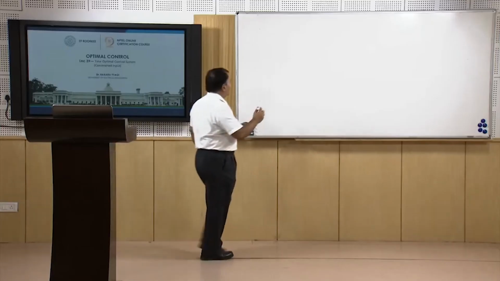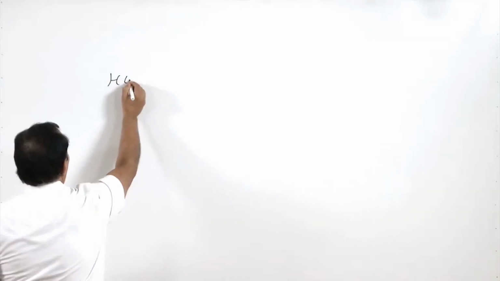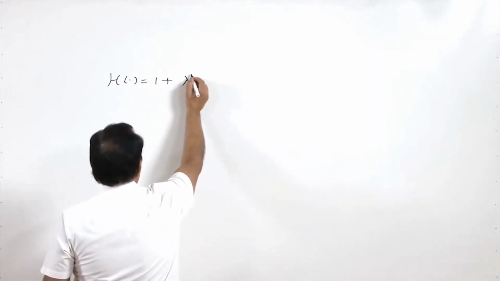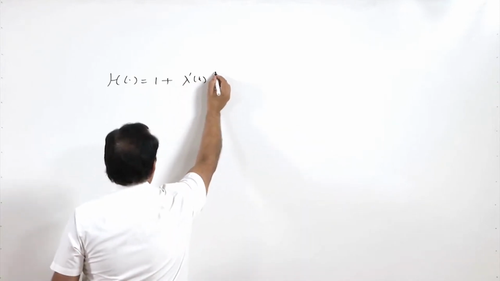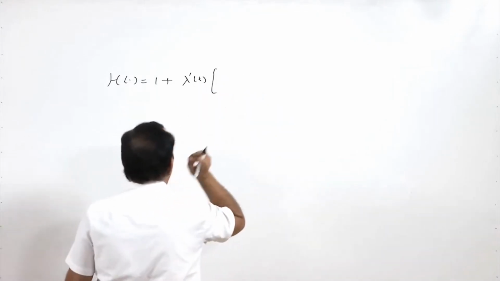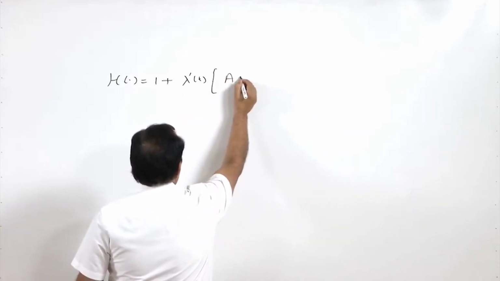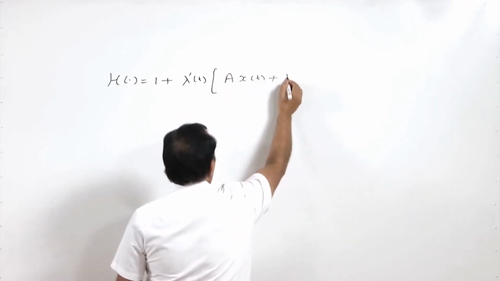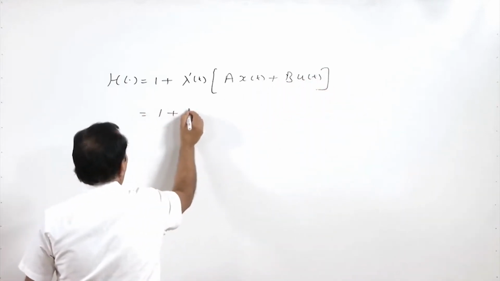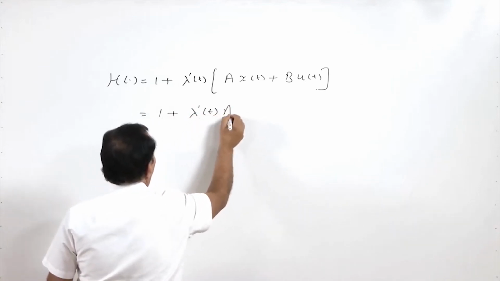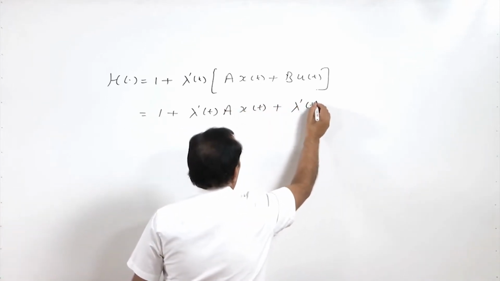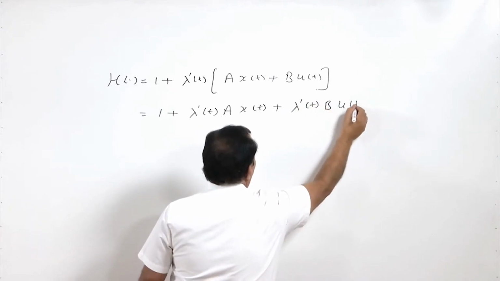So, H we are defining as 1 plus lambda prime(t) times Ax(t) plus Bu(t), or in another way I can simply say this is 1 plus lambda prime(t) A x(t) plus lambda prime(t) B u(t).